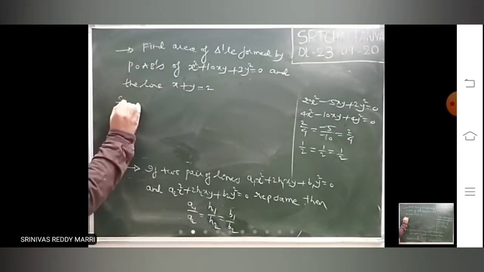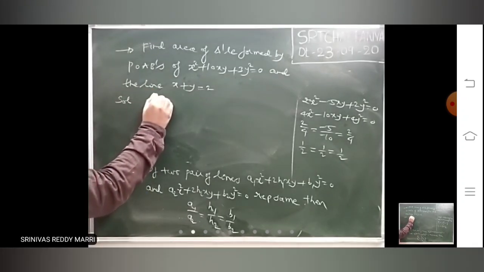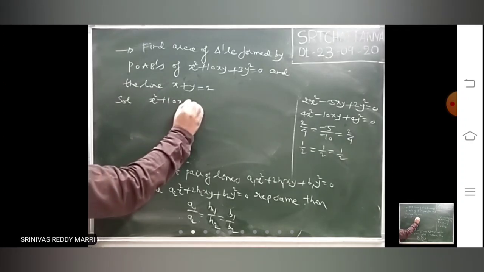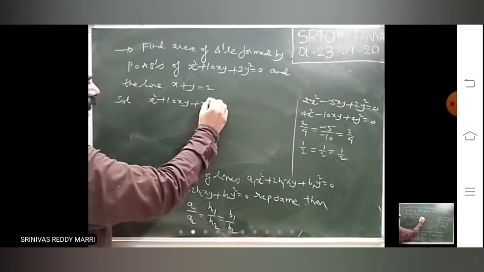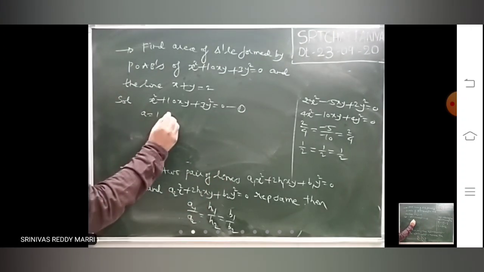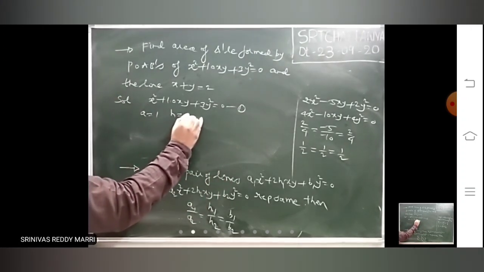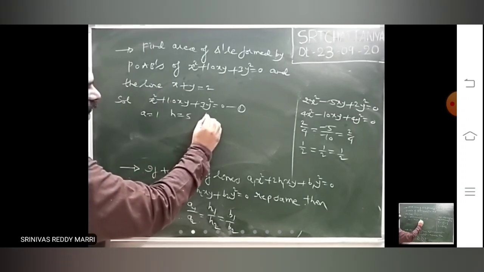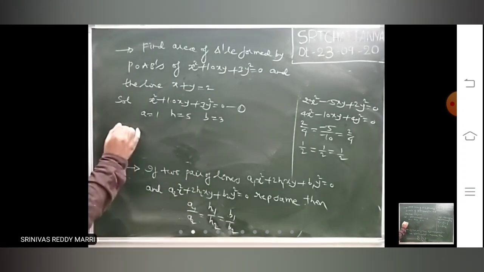Look at it. First I will find the pair of angular bisectors. Let us say this is 1. So A equal to 1, 2H equal to 10, H equal to 5, B equal to 3.